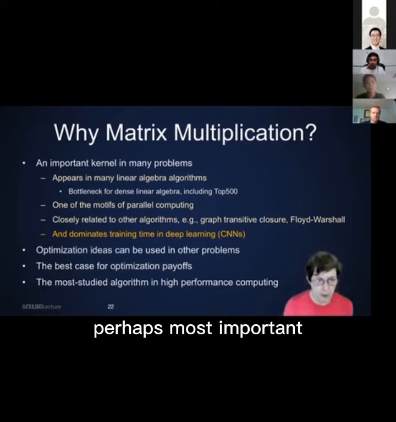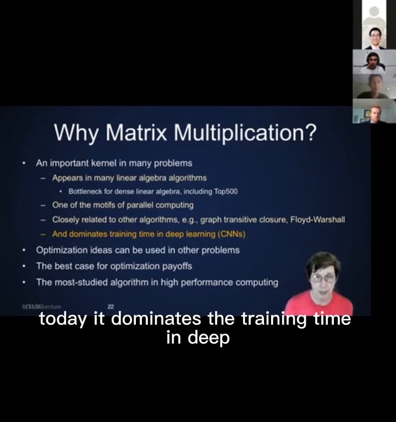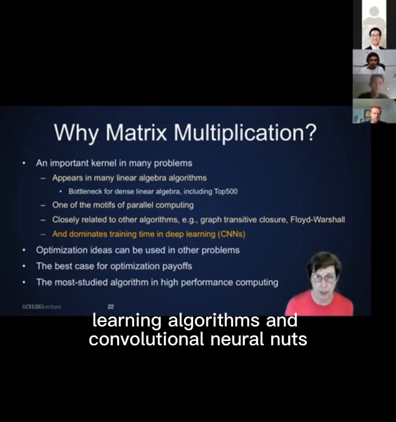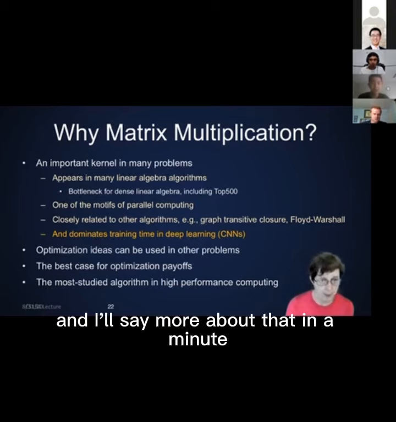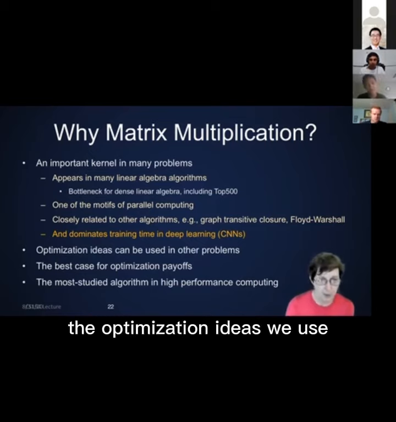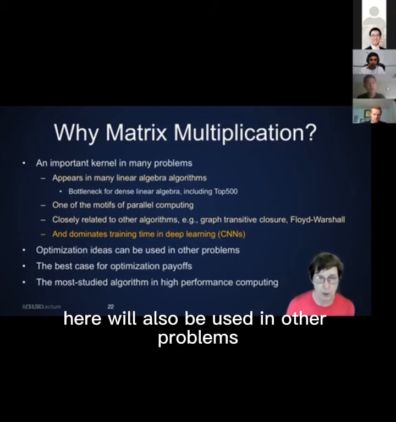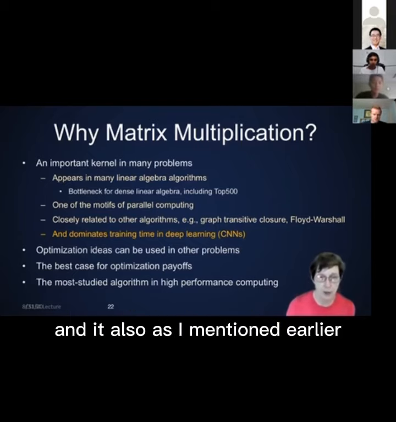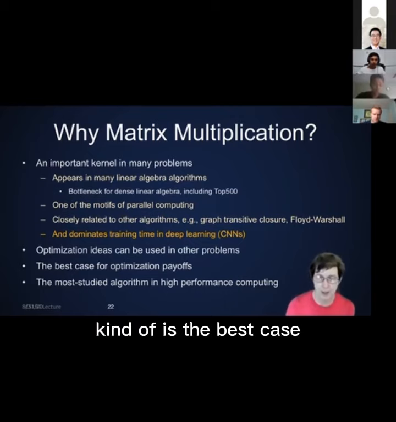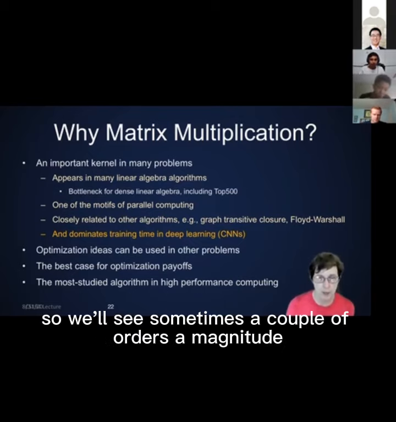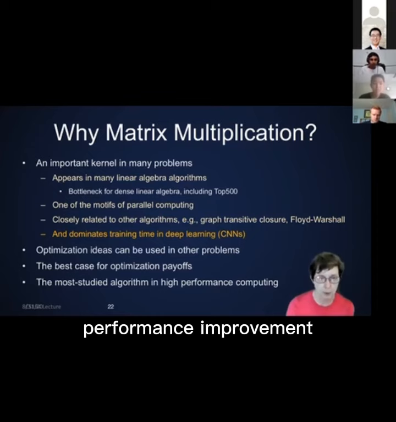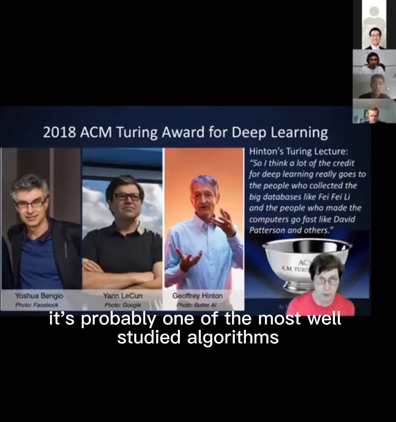Perhaps most important, right today, it dominates the training time in deep learning algorithms and convolutional neural nets. And I'll say more about that in a minute. The optimization ideas we use here will also be used in other problems. And it also, as I mentioned earlier, kind of is the best case. So we'll see sometimes a couple of orders of magnitude of performance improvement. And it's probably one of the most well-studied algorithms.